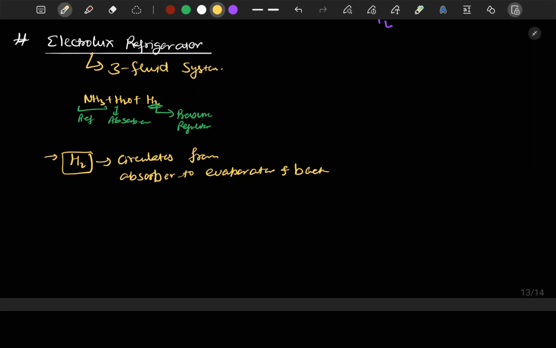Now what happens in this? The whole process in the Electrolux happens under the influence of gravity. So under the influence of gravity, our refrigerant at the exit of the condenser, let me draw a diagram first.